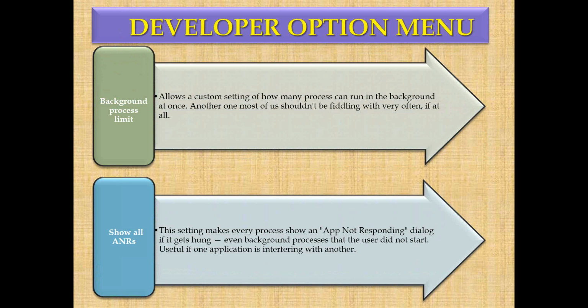So basically, this is a very, very good tool. Application not responding is a crash. It's basically when something hangs, and it might prevent your phone from rebooting. Usually when something crashes, our computers reboot, right?